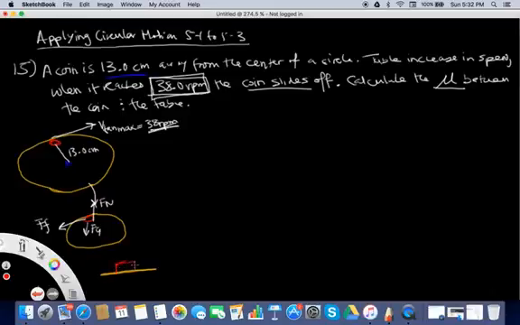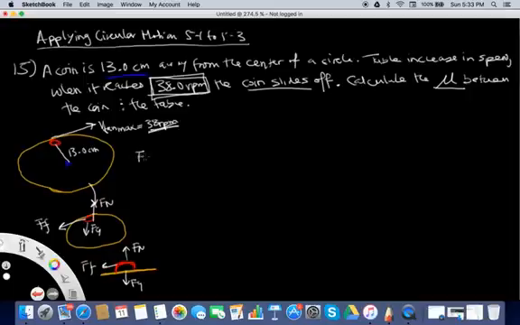All the forces that are acting on this coin: we have a gravitational force, a normal force, and a frictional force. So this would be our free body diagram. Remember, whenever we make a free body diagram, the most logical thing to do is to derive some equations.